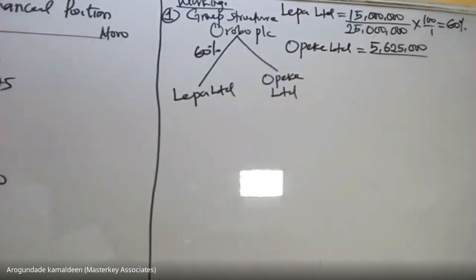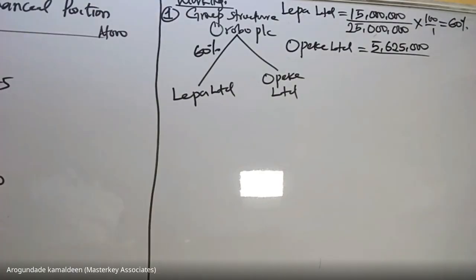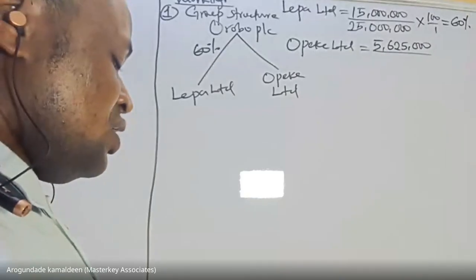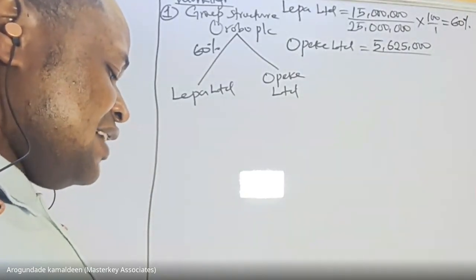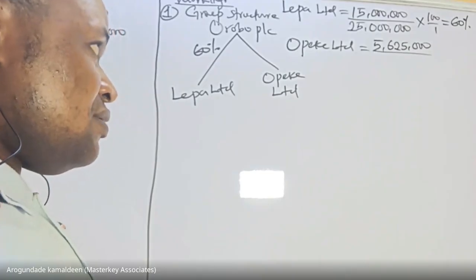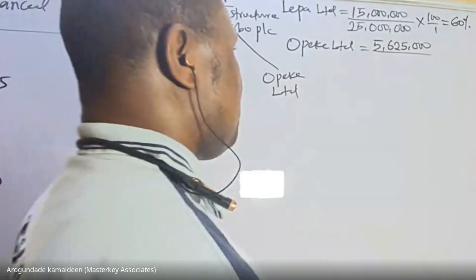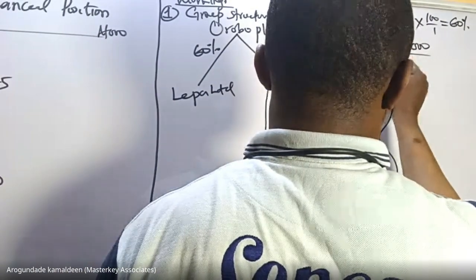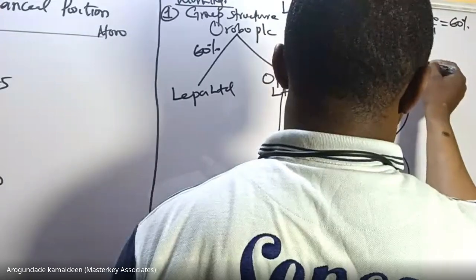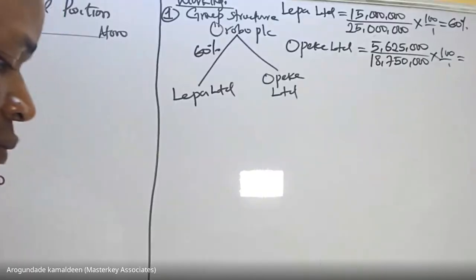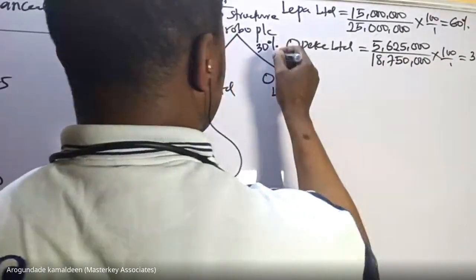What is the total number of shares in Opeke? The same thing: go to the balance sheet of Opeke and convert the value to units. There you have 18,750 million naira, so you divide that by 1 naira. That gives 30%. Now, you know this is an associate.